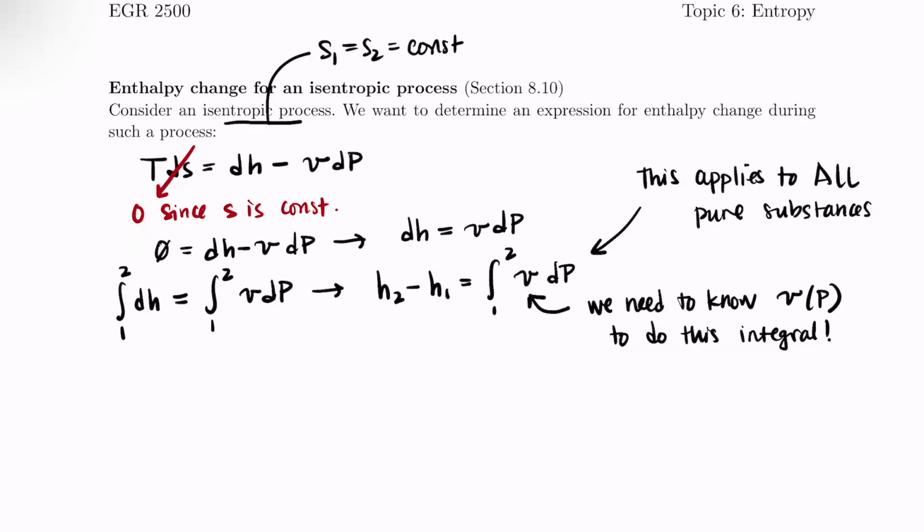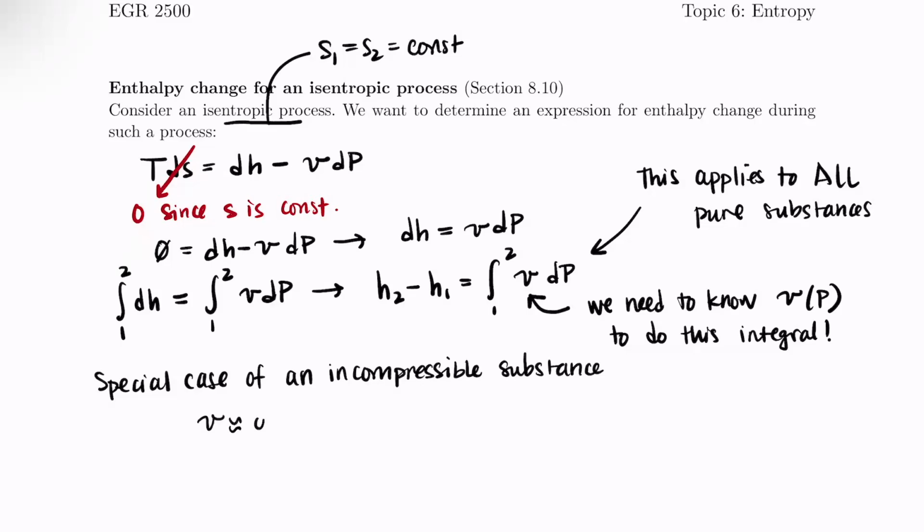We know this for one special case though. So in the special case of an incompressible substance, we know that the specific volume is going to be approximately a constant, right?